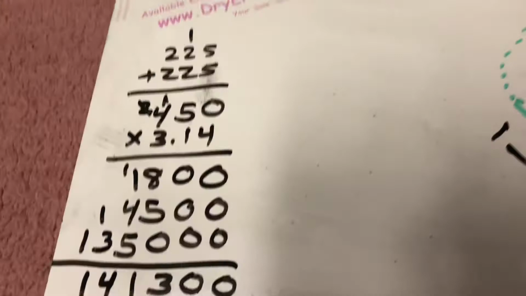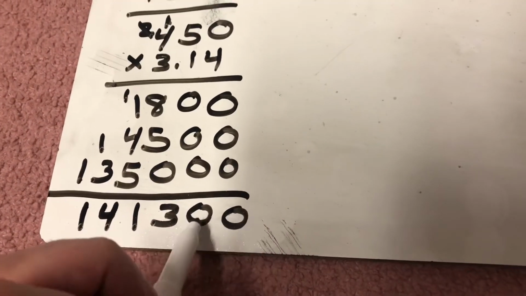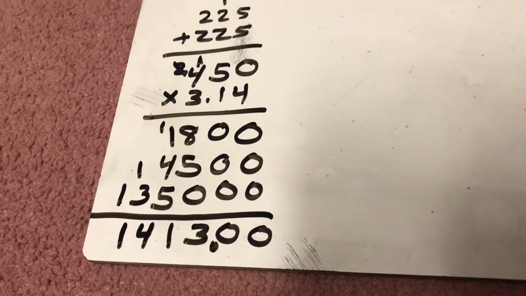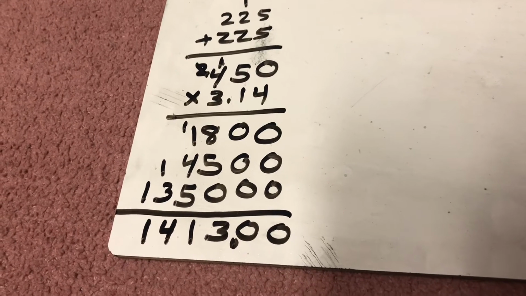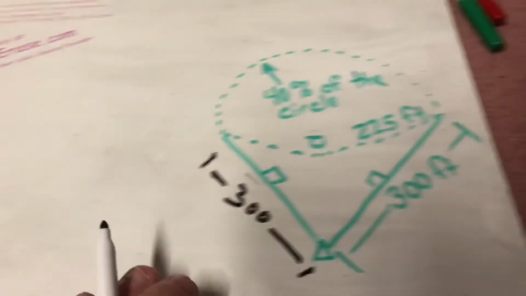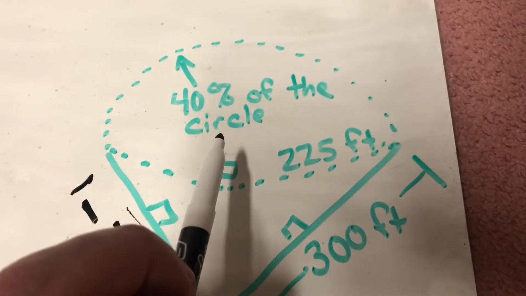Nothing in 1 is 1. There are two numbers after the decimal in the problem, so there are two numbers after the decimal in my answer. All right, so the perimeter of the circle is 1,413 feet.